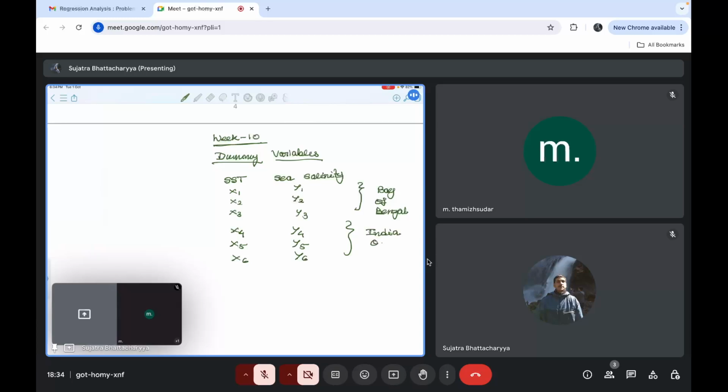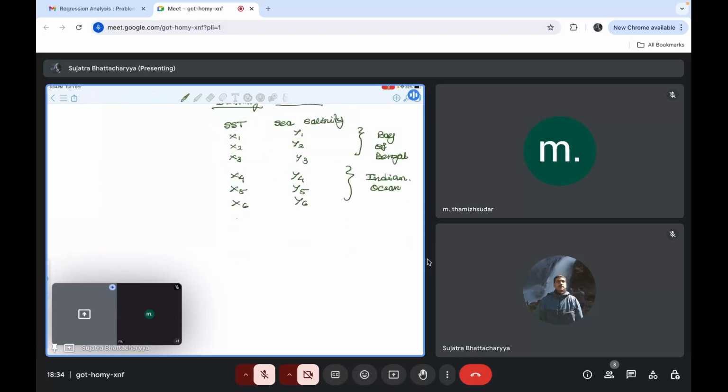And after that, you are going to the west of India, where you have the Arabian Sea. In the Arabian Sea, you are also taking three observations and the corresponding salinity. So this is, suppose, the Arabian Sea.